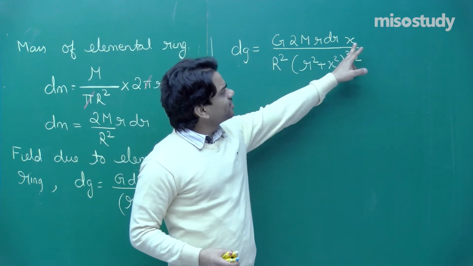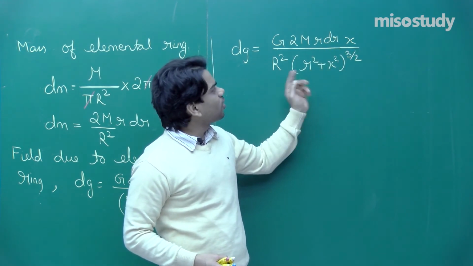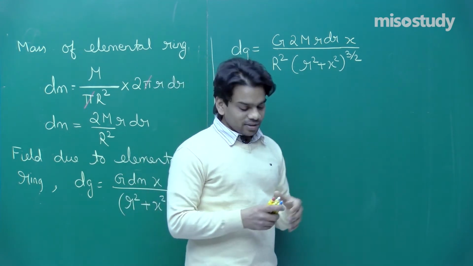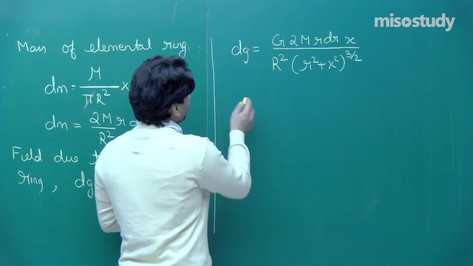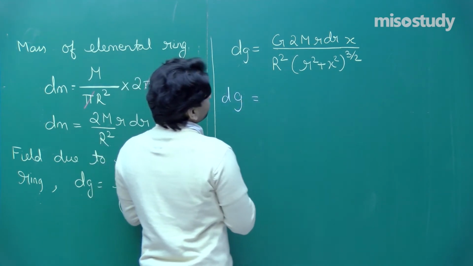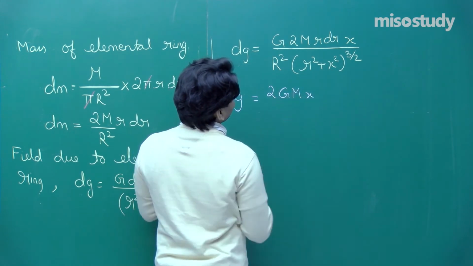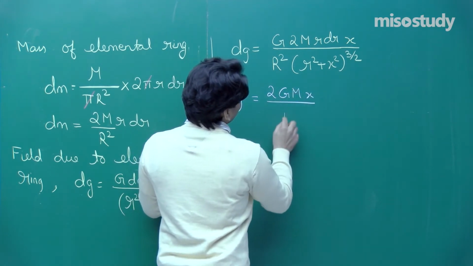You see here x is constant, that will be a constant. Only thing now varying is small r. So can we keep everything outside and integrate accordingly? Once again I am writing dg as 2gmx divided by capital R whole square.